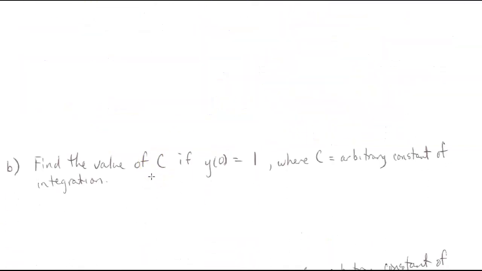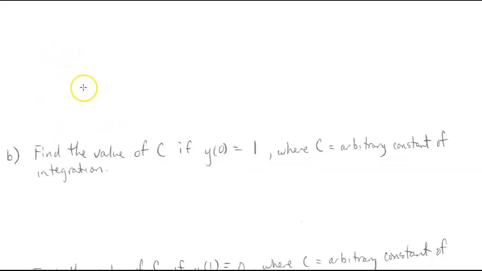So for part B, we want to find out what our constant of integration is going to be to make our general solution a particular or specific one, if we know that when x is 0, y is 1 for our function y of x.